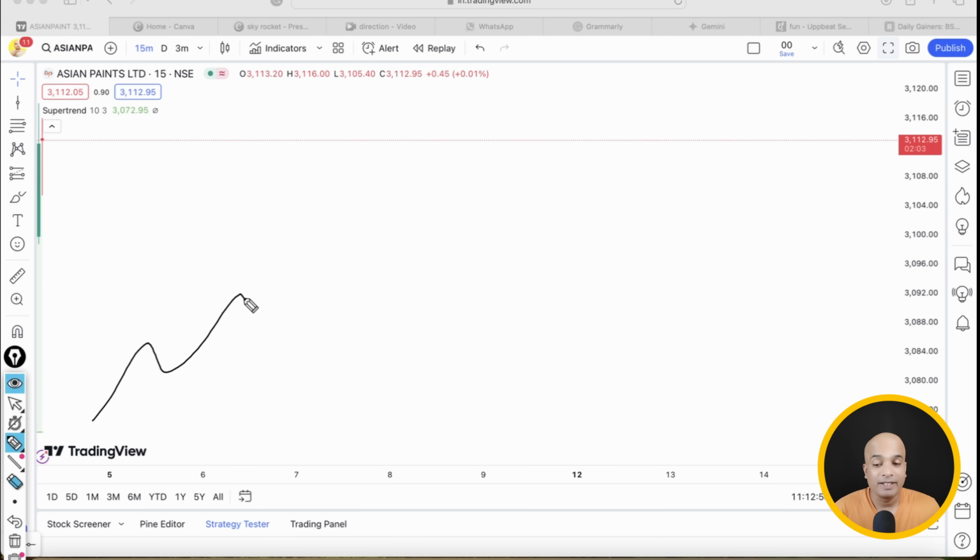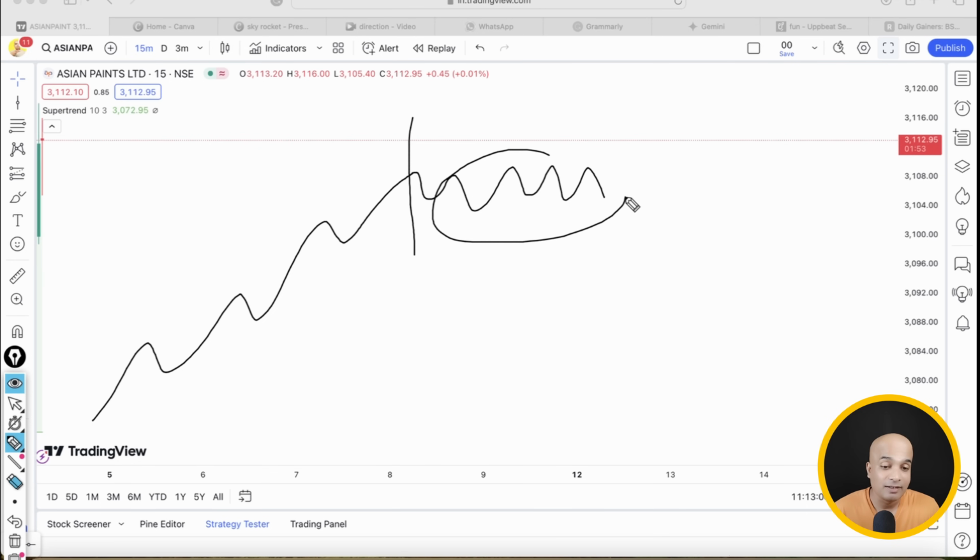So let's say the price is in an uptrend. Now from here the price turned sideways. But the Supertrend doesn't know this is a sideways trend. Whenever it goes like this, from here it turns to green, from here turns to red, green, red, green, red. The same thing happens in lower time frames also.